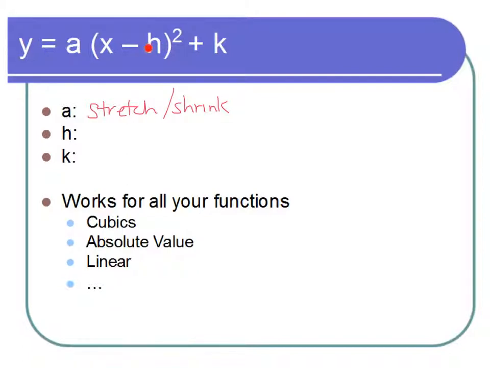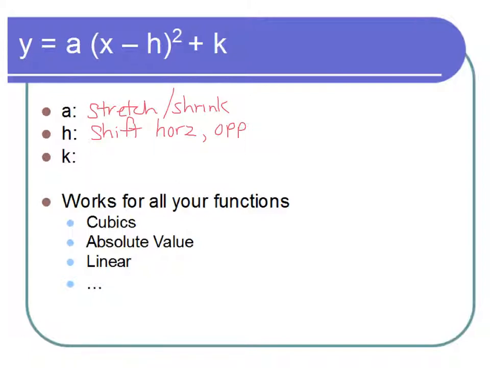So if I have x minus h, it's going to move it horizontally, so in this case it'd be a plus whatever this is. So minus 3, then I'd move everything right 3. We call that a shift. It's going to shift it horizontally, left and right, and I'm always going to do the opposite because it's inside the parentheses.